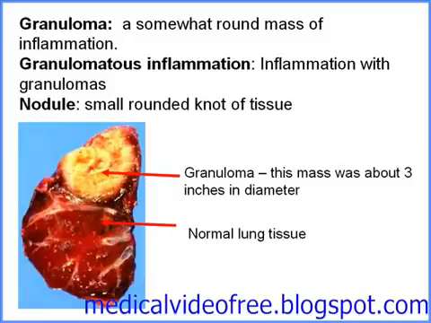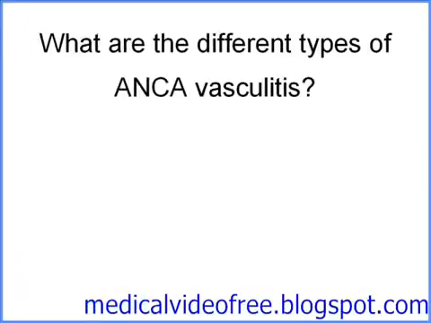So in some circumstances, these nodules are taken out surgically as a diagnostic procedure to confirm what it is, because by X-ray, they can sometimes even look like a cancer of some sort. But then when you examine them by microscopy, they're inflammatory lesions. So sometimes it's a diagnostic procedure.